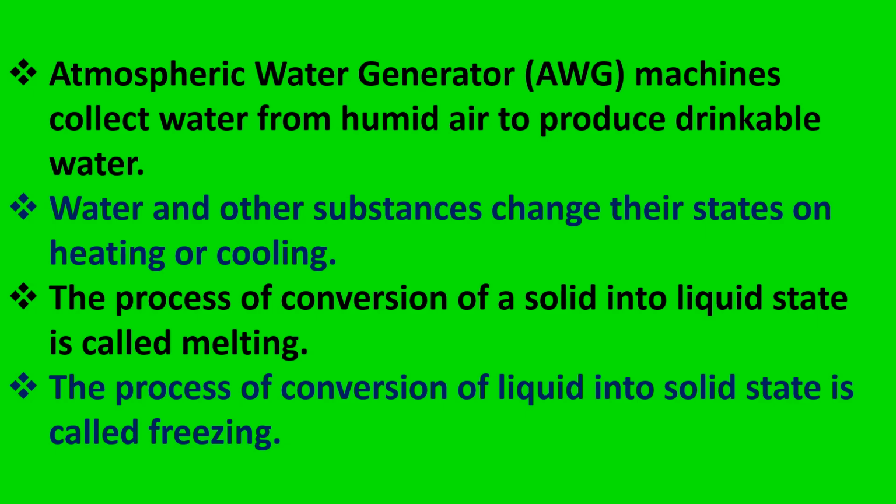The process of conversion of liquid into solid state is called freezing. When we change a liquid, for example water, into a solid state which is ice, it is called freezing. So this is the definition of melting and freezing.